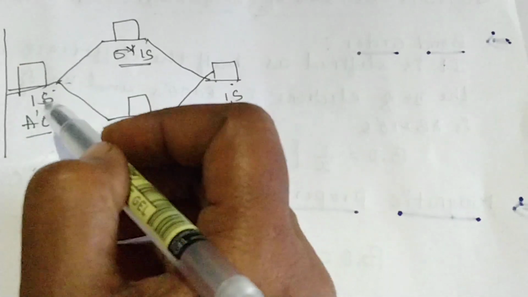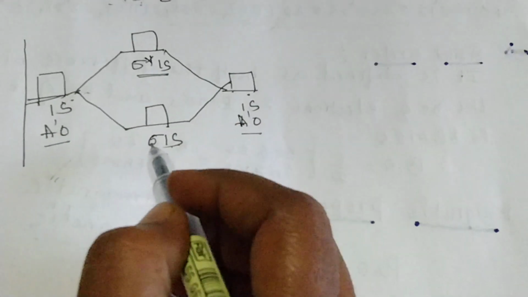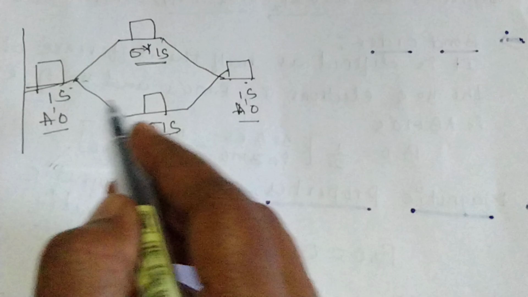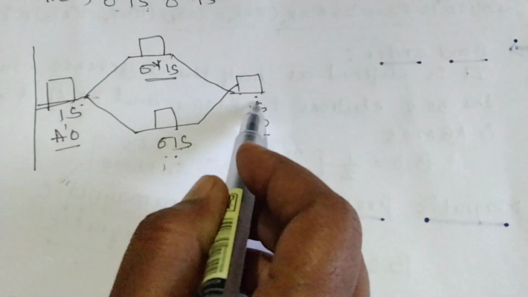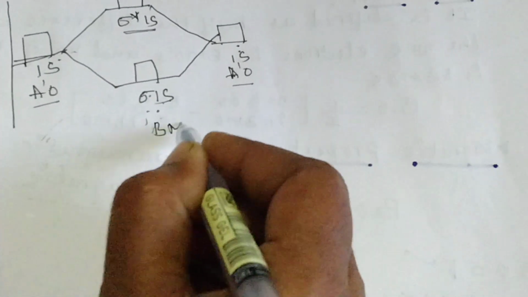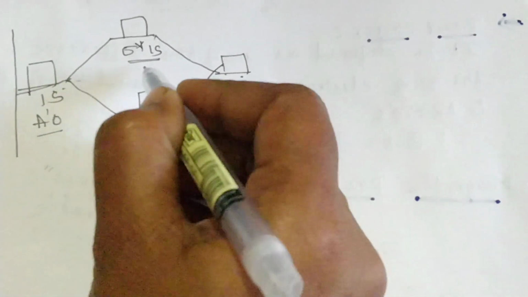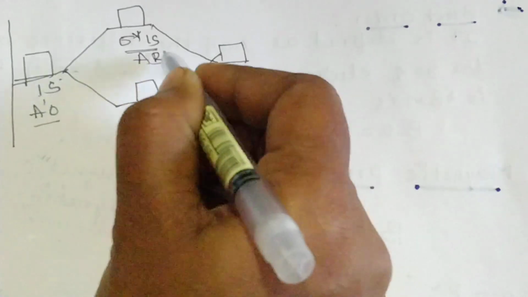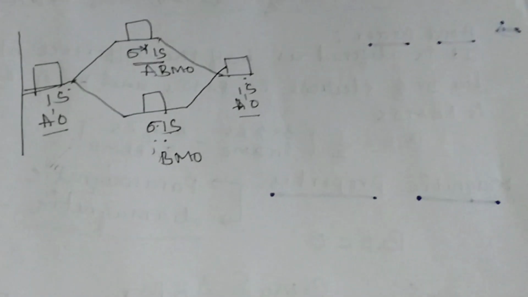For this reason we draw the energy levels like this. These are atomic orbitals, this is the bonding molecular orbital, and this is the anti-bonding molecular orbital.